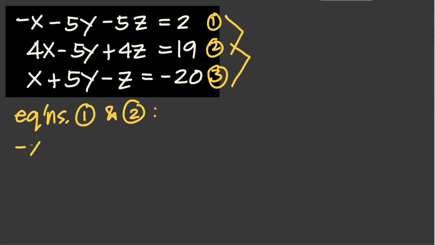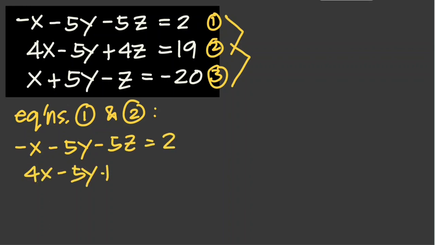So we have negative x minus 5y minus 5z equals negative 2, and 4x minus 5y plus 4z equals 19. We want to eliminate z. Since the coefficients of z in the first and second equations are not equal, we cannot eliminate them directly.